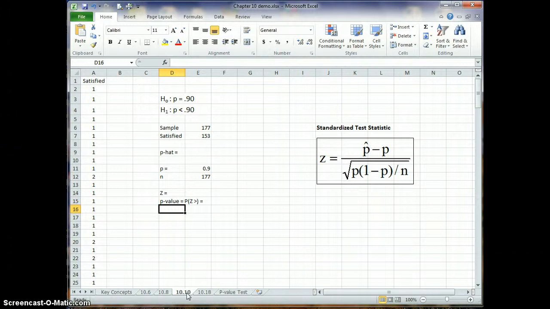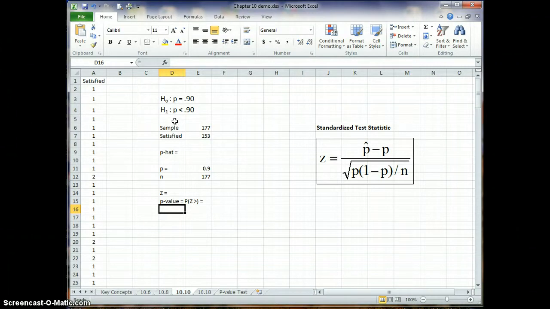If they were satisfied, they indicated that with a 1. If it was a 2, that indicates they're unsatisfied. So the question we're trying to answer: can we infer that the satisfaction rate is less than 90%? So the null is equal to 90%, the alternative is less than 90%, and over in column A we've got the list there.